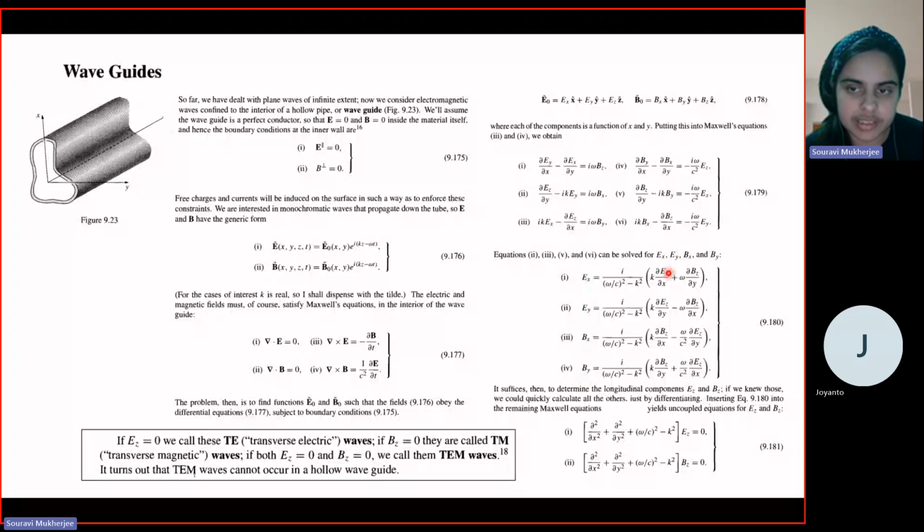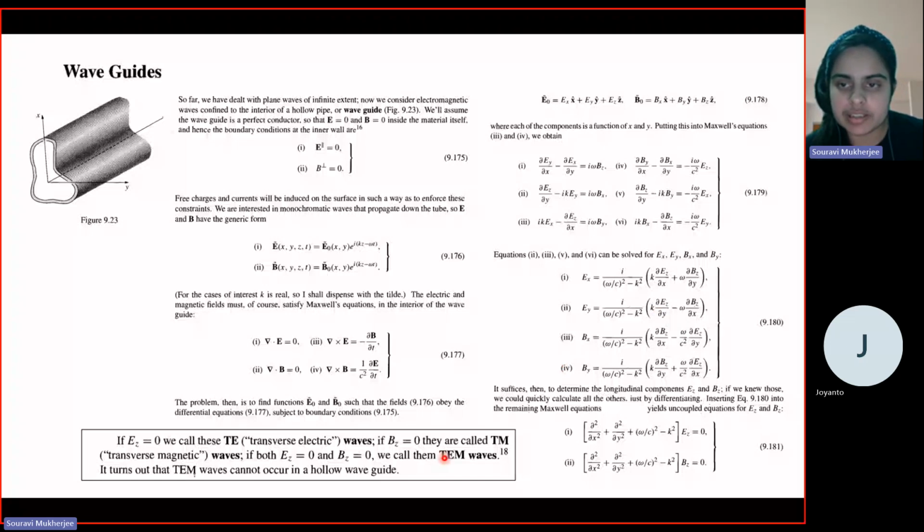So if one sets Ez and Bz to 0, all of these components will go to 0. So this was the reason why TEM modes did not hold for normal hollow metal waveguides.